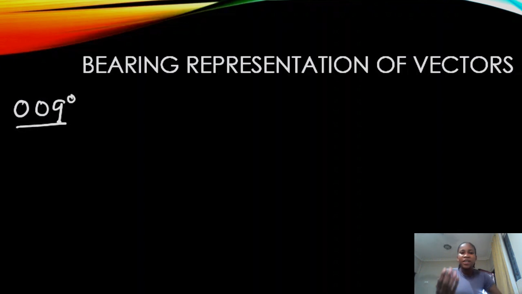Bearing must be represented in this form. We also spoke about bearing starting from the north. So every bearing starts from the north and goes clockwise. We also spoke about bearing being in 3 digits and being mentioned one by one. So we mention it 009 degrees, not 9 degrees.